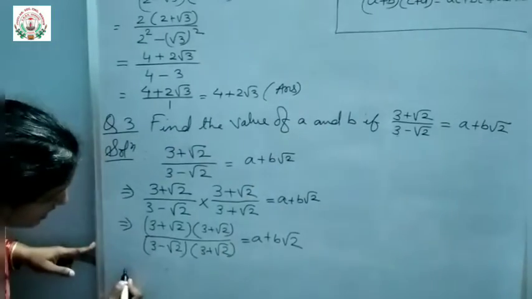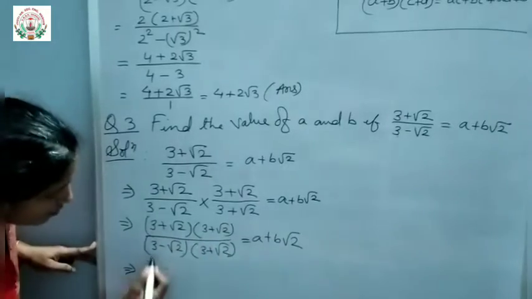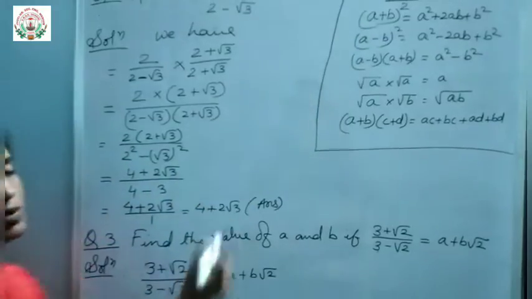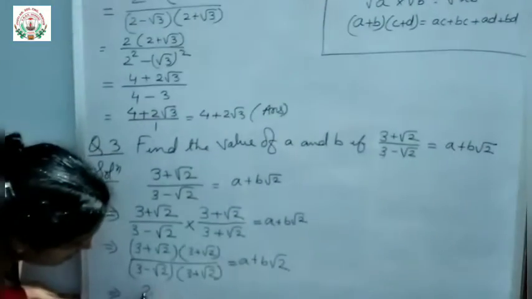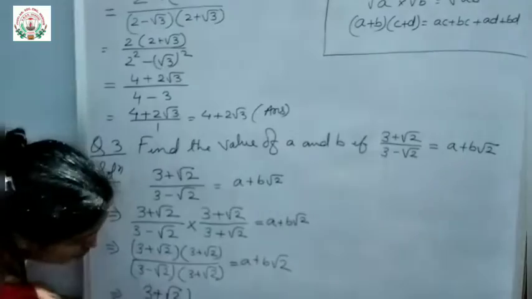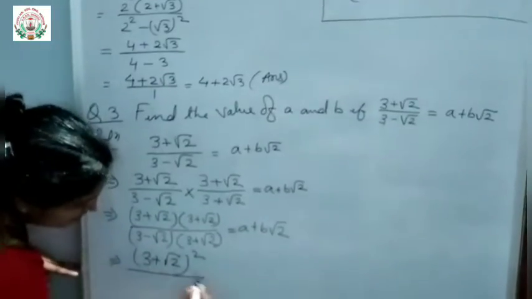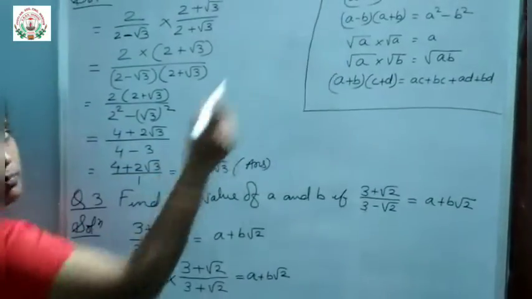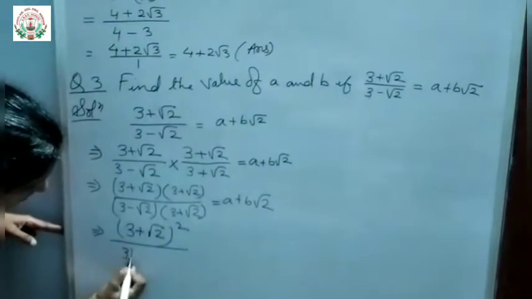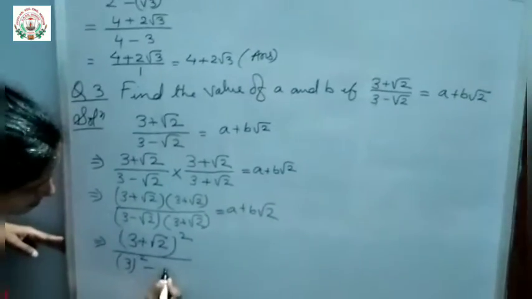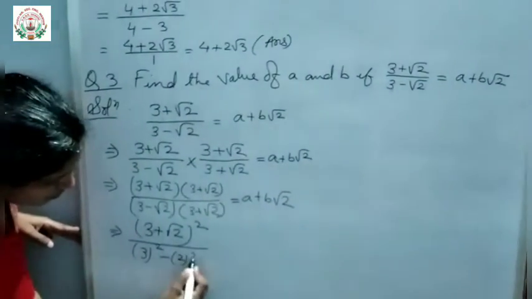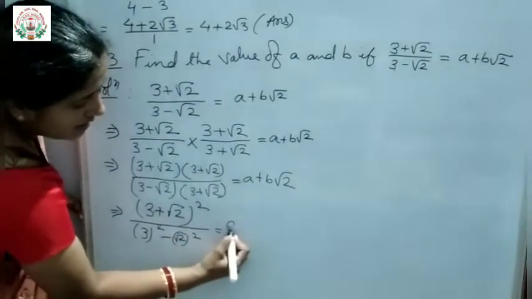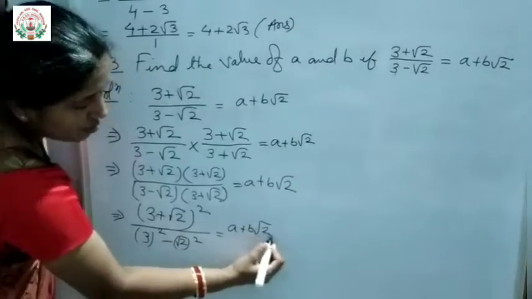Clear? Now implies what? Now this is in the form of a plus b into a plus b. This one, a plus b into a plus b, we will write what? 3 plus root 2 square upon, here what? This formula we will write: a minus b into a plus b, that is 3 square minus root 2 square, okay, which equals what? A plus b root 2.